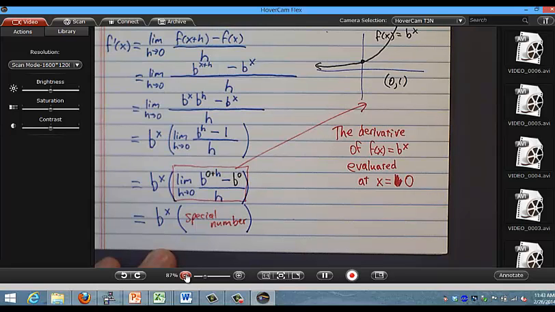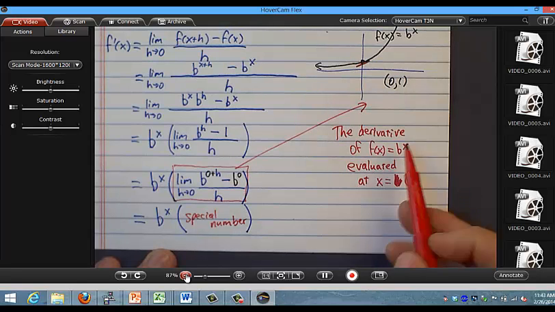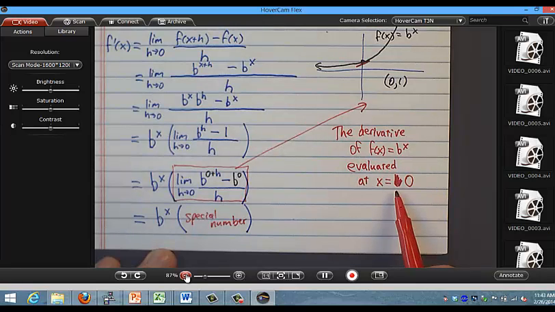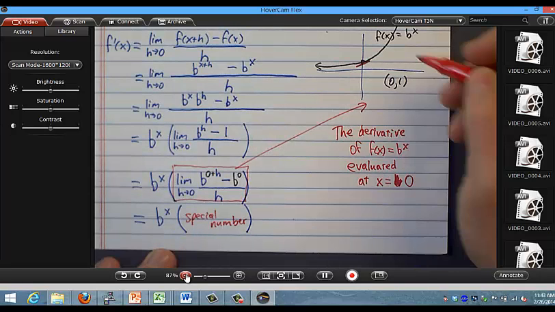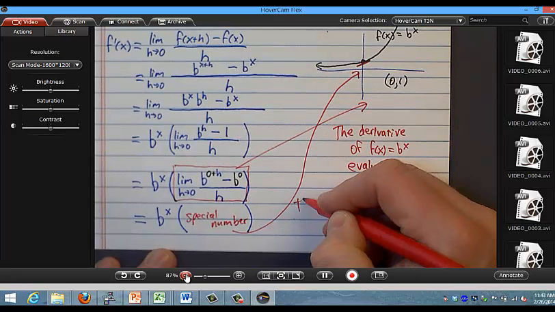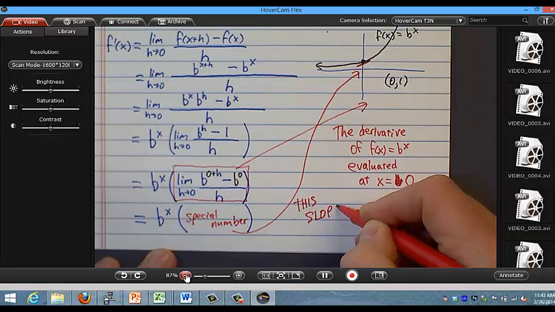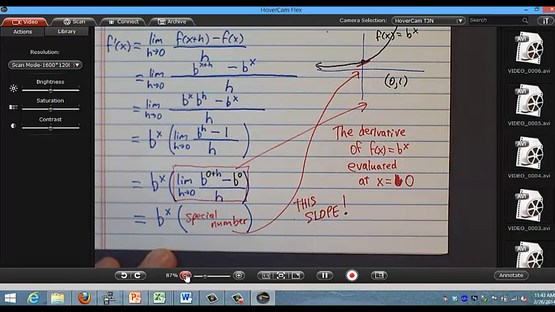Can you draw that tangent line? Right here. It's the derivative evaluated at x equals 0. So basically, the special number is this slope. Okay?